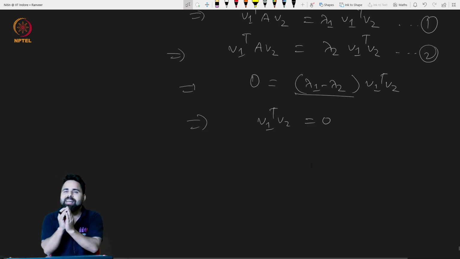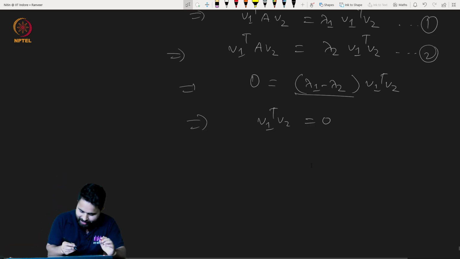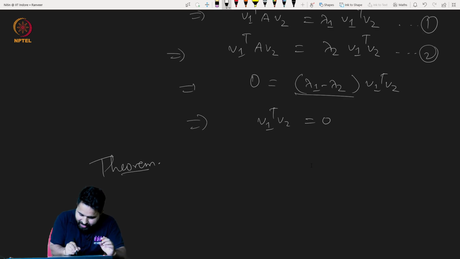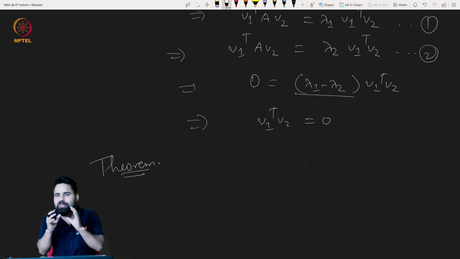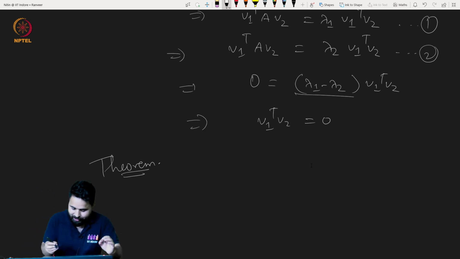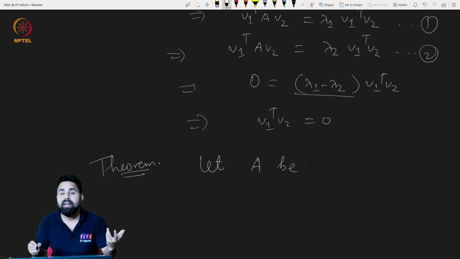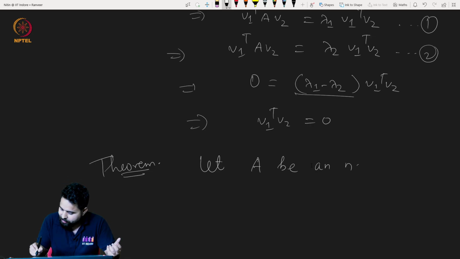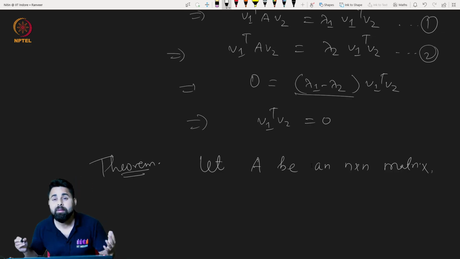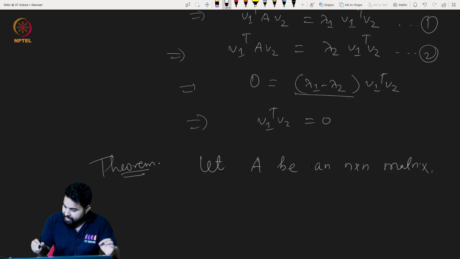Okay, so let me now write the statement. Theorem. Have some patience because this could be a slightly lengthier one. Let A be an n cross n matrix. So there will be n eigenvalues, right?